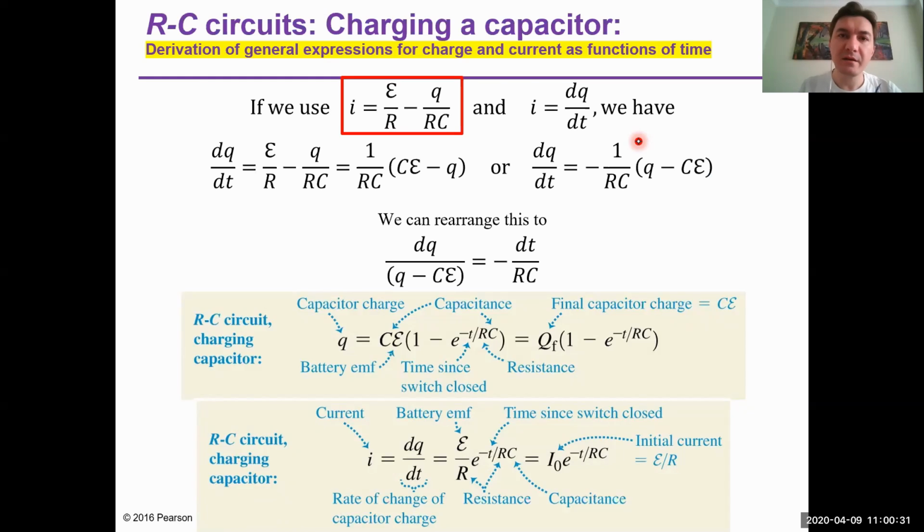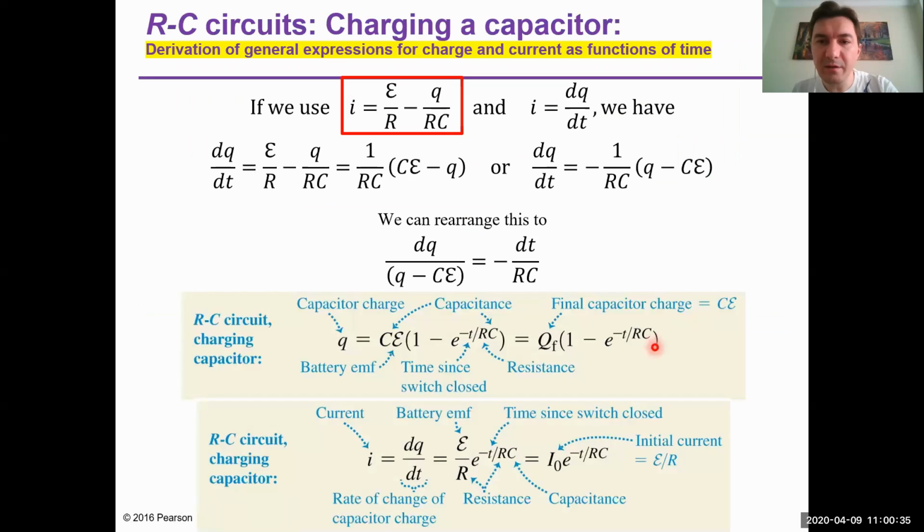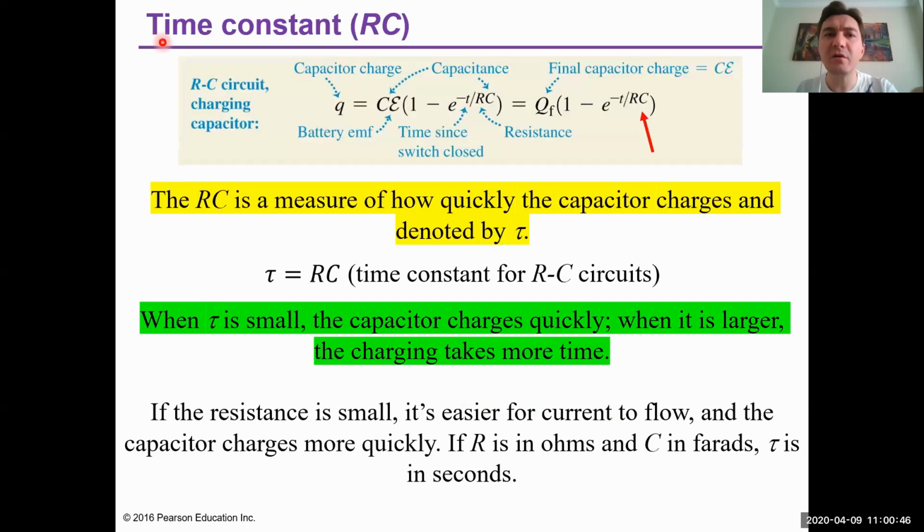Okay, so let's continue. What is RC here? Here we have RC, here we have RC. R is constant, C is constant, so you may expect that this is also constant, right? It is called the time constant. The unit is second, because it's time, so you can calculate it.